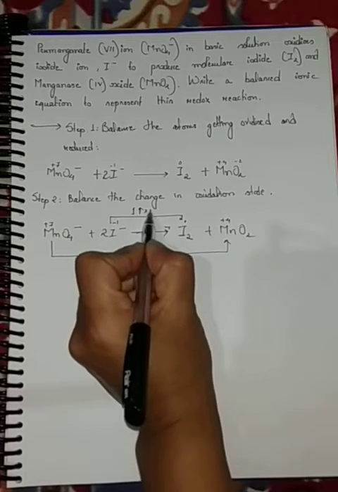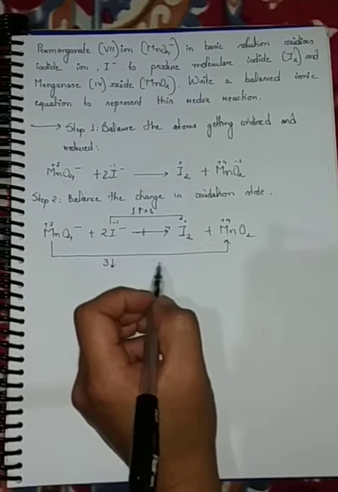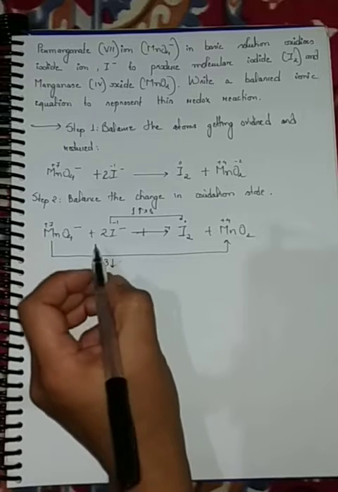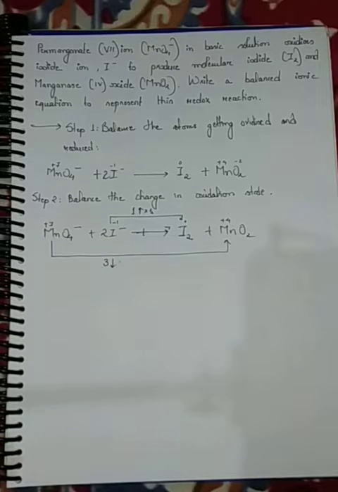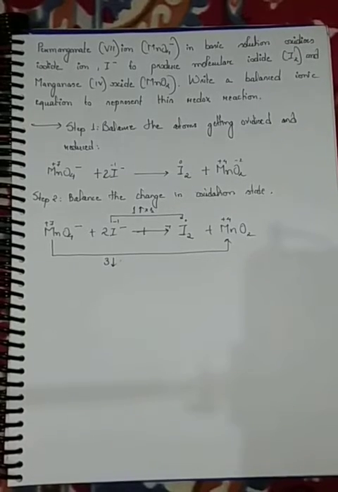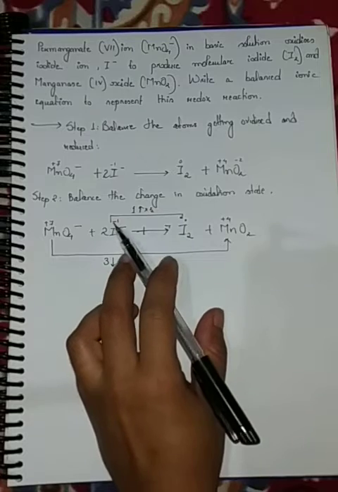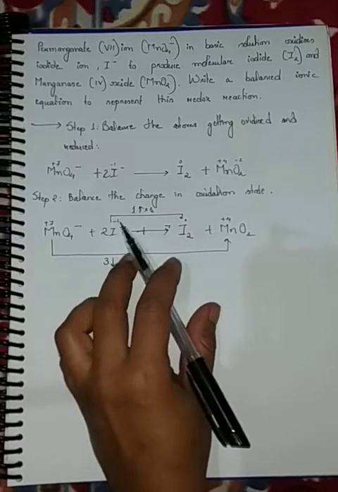So I multiply here by 3, since I'm multiplying 3 into 1. For our iodide, from iodide ion to molecular iodine, there's a change from -1 to 0.